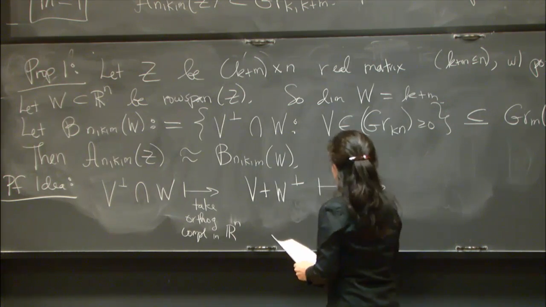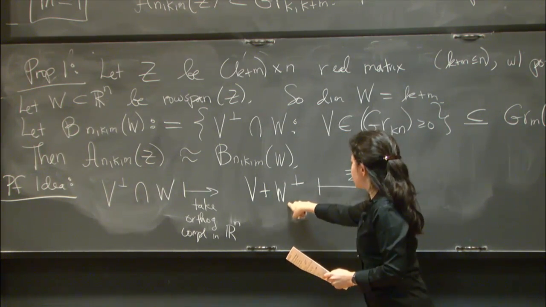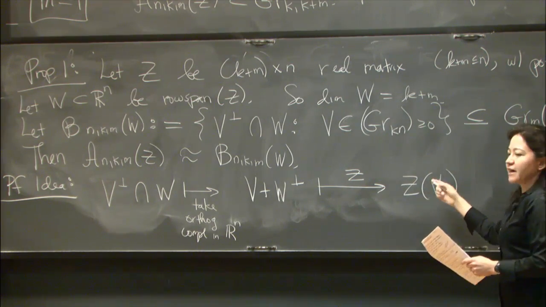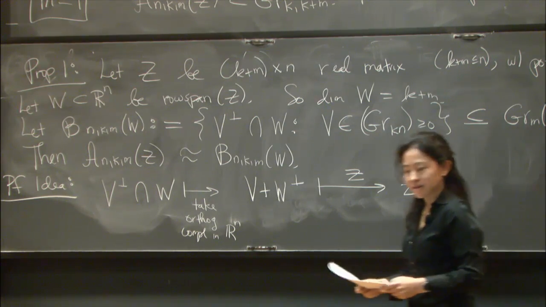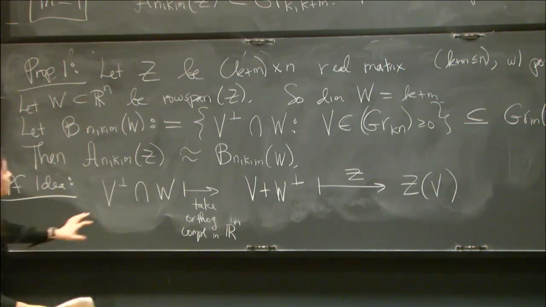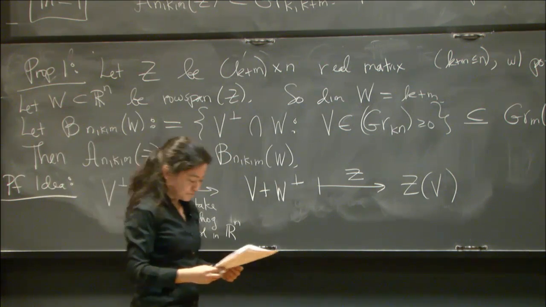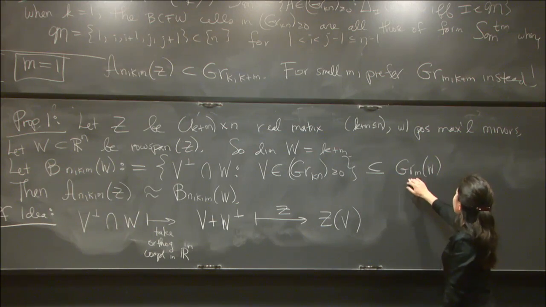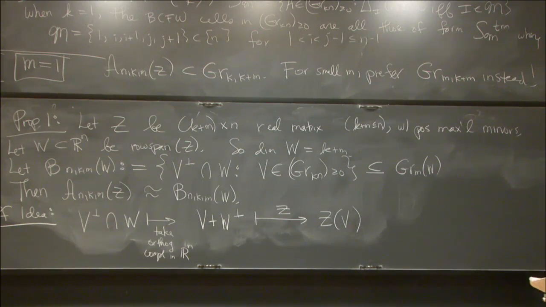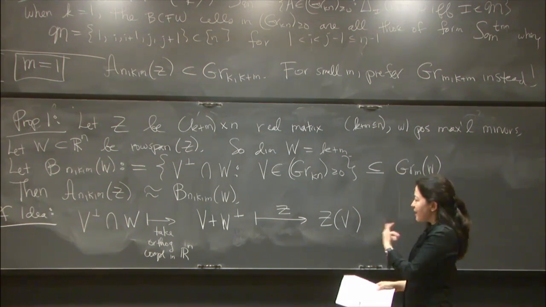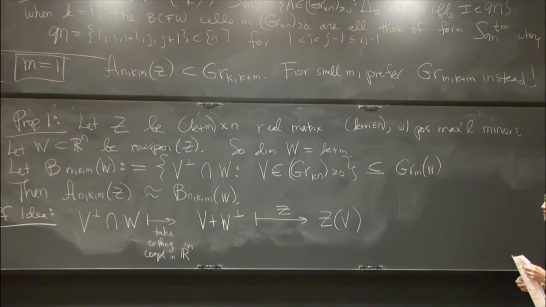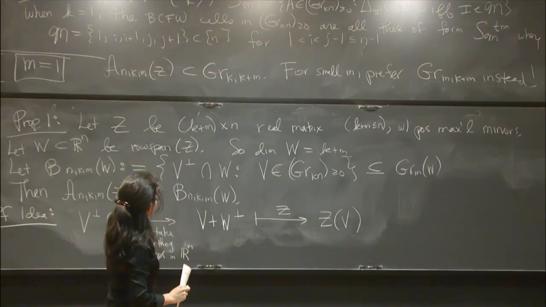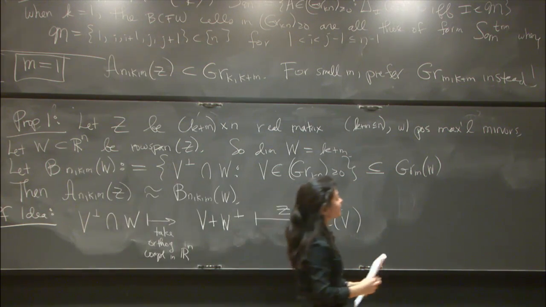And now if we apply our map Z, Z annihilates W perp, and we get Z of V, which is an element of the A amplituhedron. And you just check that the map is a homeomorphism restricted to this subset. Okay. So this gives us a way to think about the amplituhedron, but lying in a Grassmannian that we prefer to work in. And next, we can use these ancient tools of sign variation from the 1950s to get a very nice concrete description of the m equals 1 amplituhedron.